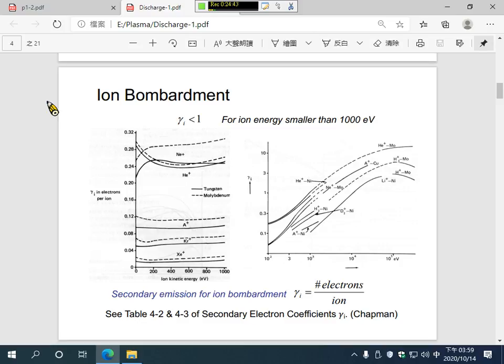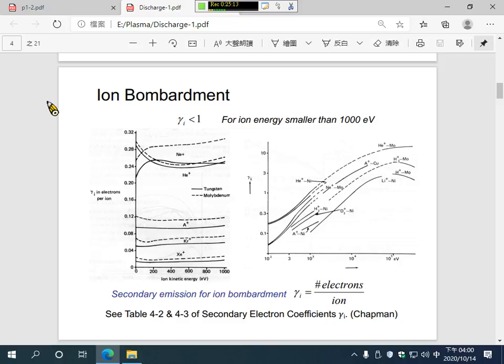In this figure, the solid line is bombardment of the tungsten. So you can use different ions to bombard tungsten, and the dashed line is bombarding the molybdenum target. So the secondary emission for the ion bombardment is smaller than 1.